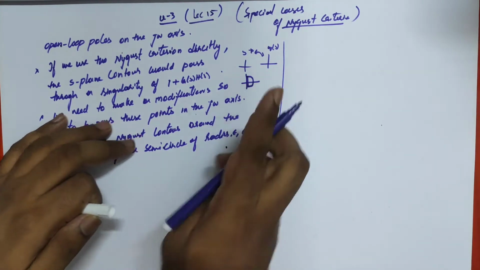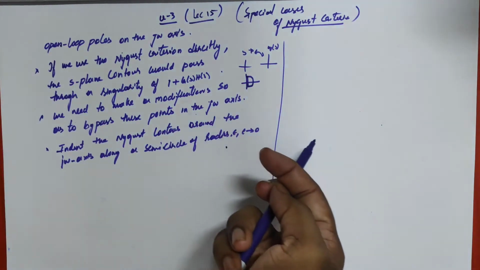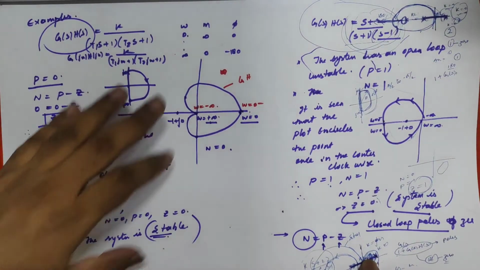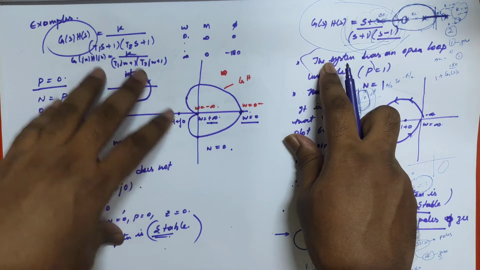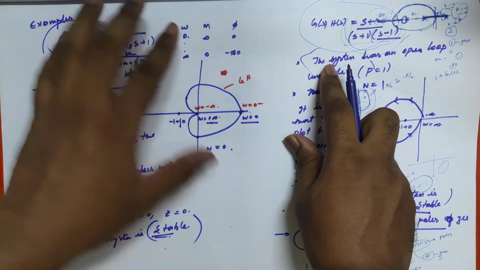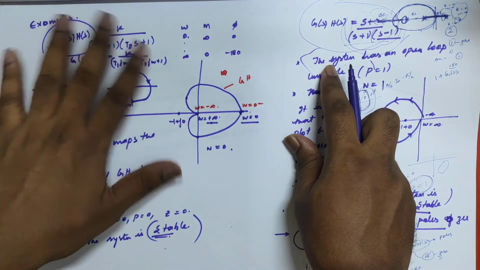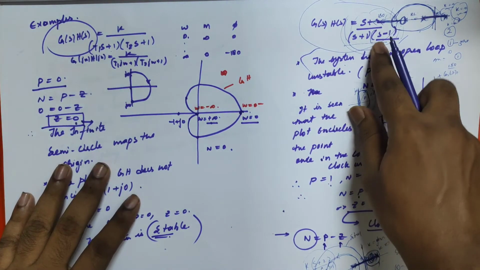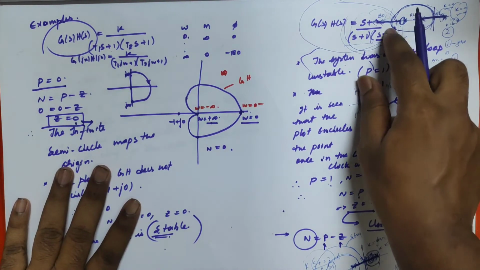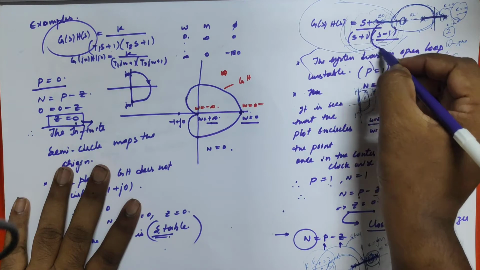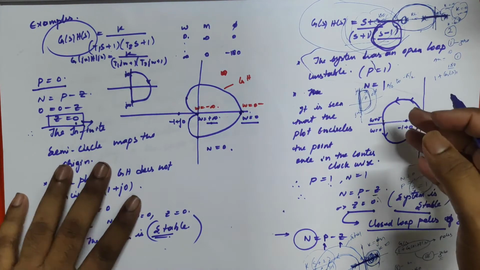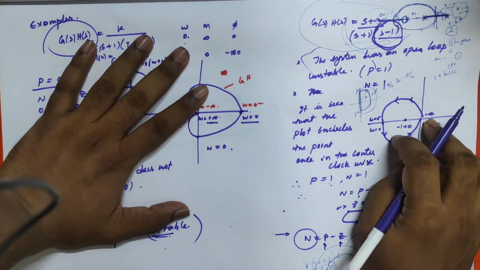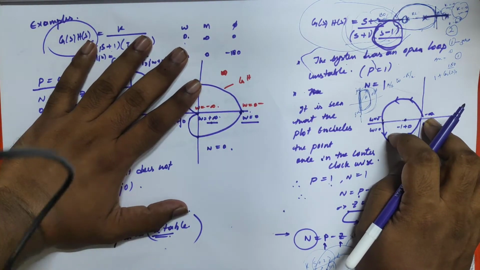In the previous sections we have not taken other cases. We just assumed this is an open loop system having left half poles, and this is a system having right half poles. So we are interested in this pole, whether it gives any valid points for the Nyquist criteria.